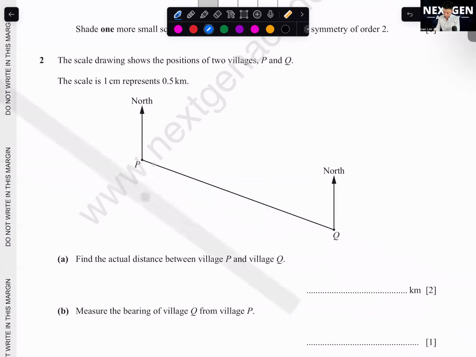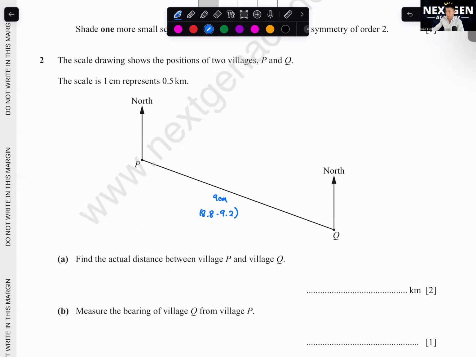What is acceptable? They'll give you a range also. They accept from 8.8 to 9.2. Maybe some of you printed out the scale not so accurately, so you need to measure it.